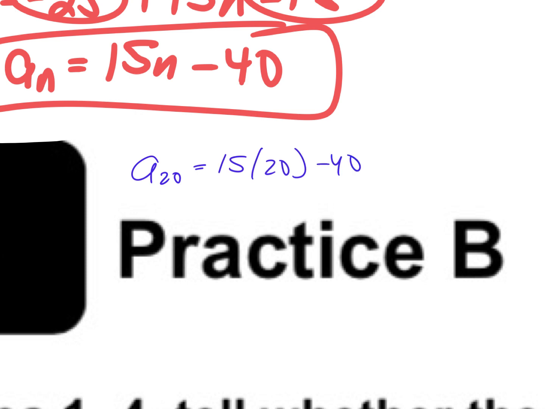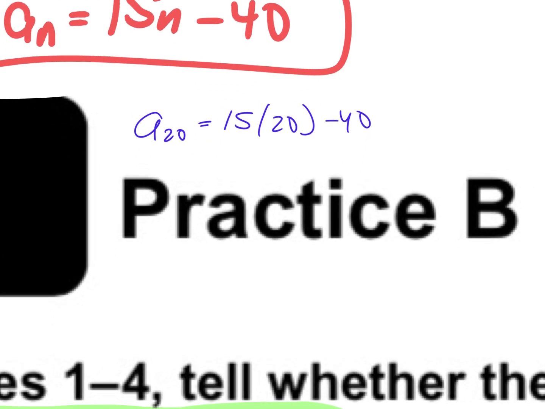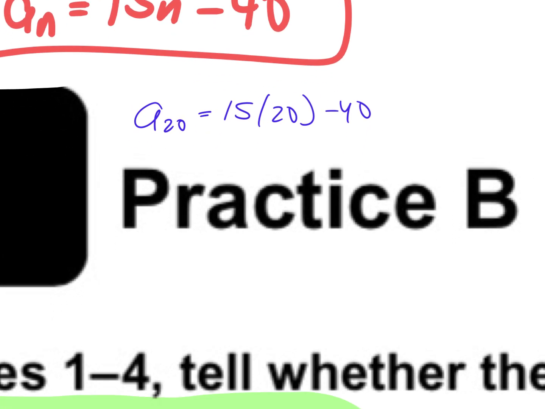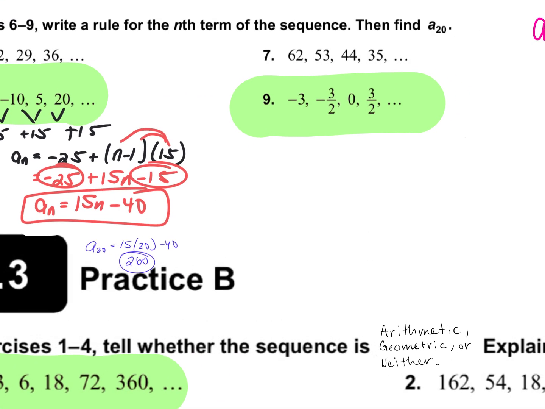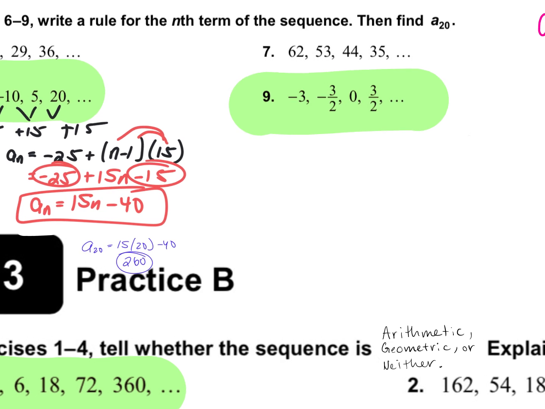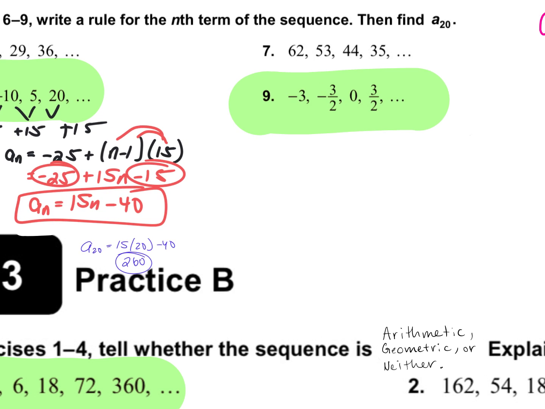And when you do that in your calculator, what do you guys get? 15 times 2 is 30, so 15 times 20 is 300, minus 40 is how much? 260. So the 20th term is 260. No, because 15 times 20 is 300. Minus 40 would be 260.